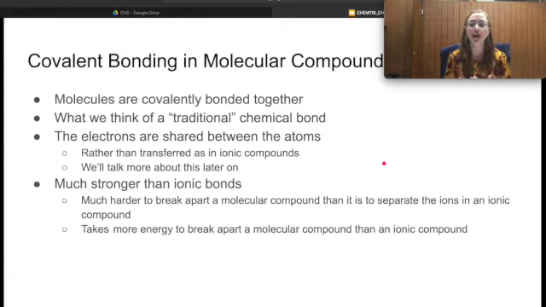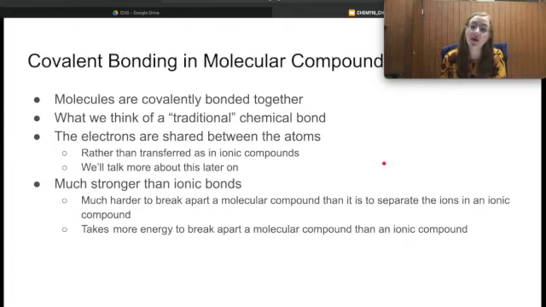We just call those ionic bonds. However, what we would really call a chemical bond is a covalent bond. Molecules are covalently bonded together. This is what we traditionally think of as a chemical bond. Whatever you're thinking of in your head as a chemical bond, I guarantee you're probably thinking of a covalent bond. This is where the electrons are actually shared between the atoms.